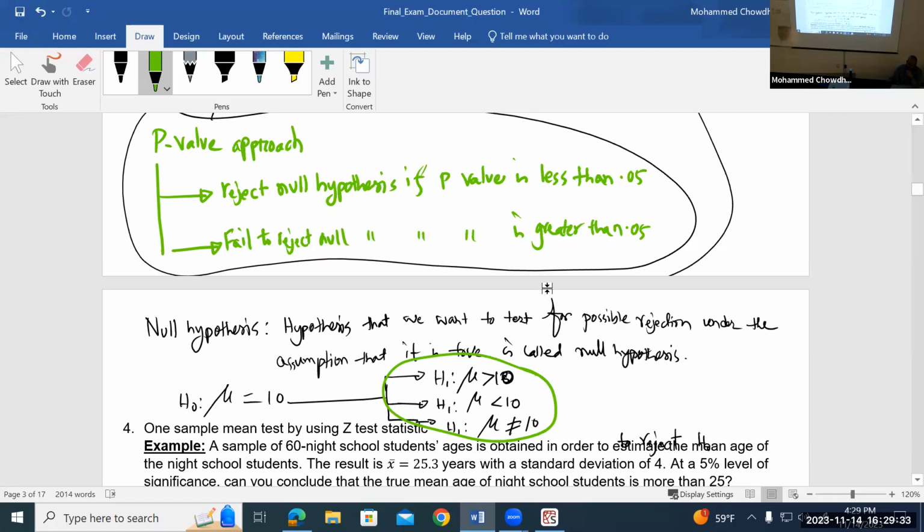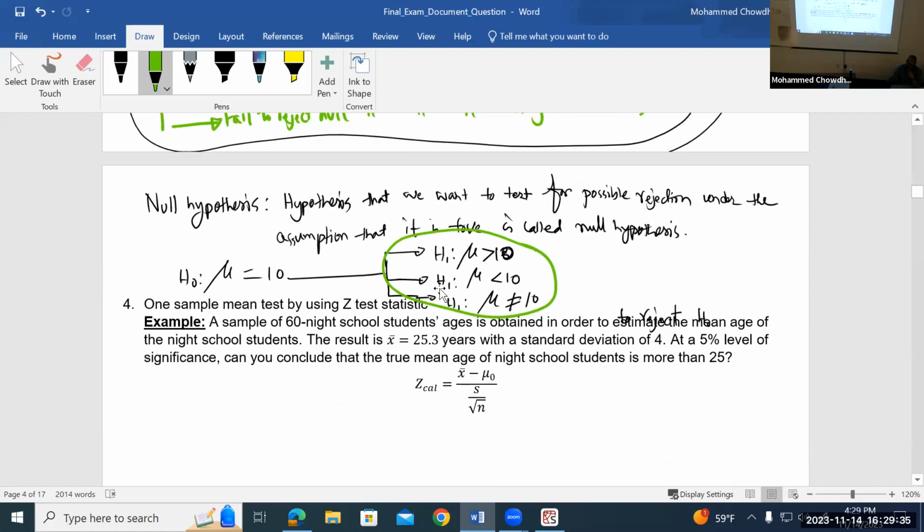For example, in your exam, by reading the question, you have to identify whether it will be greater than, less than, or not equal to. If it is greater than, it is called right-sided or right tail.